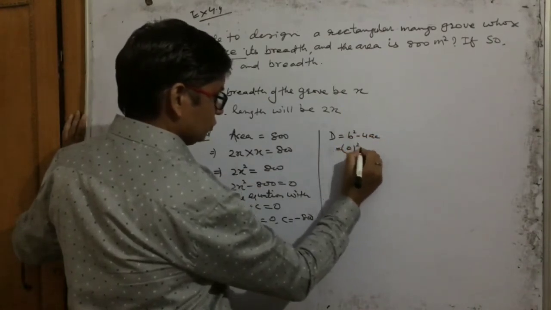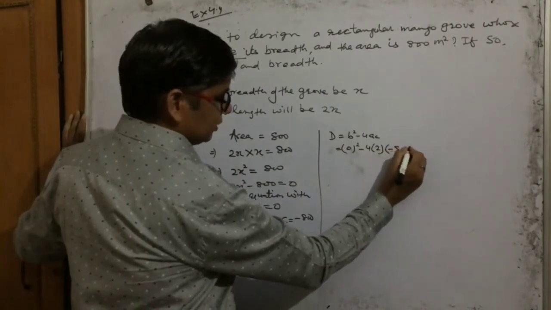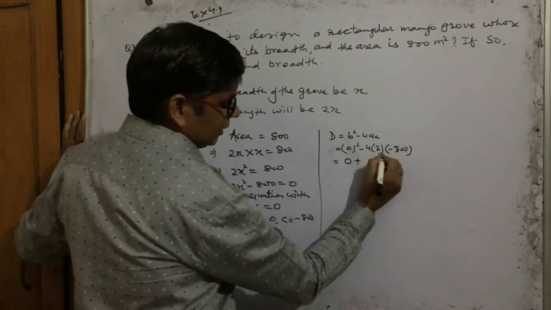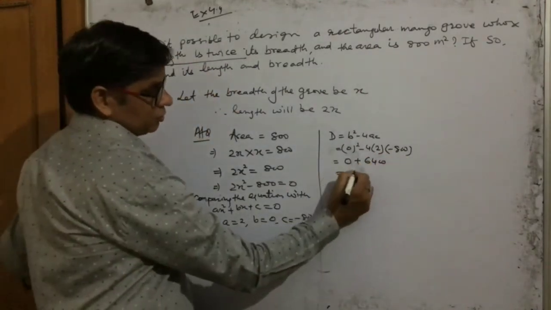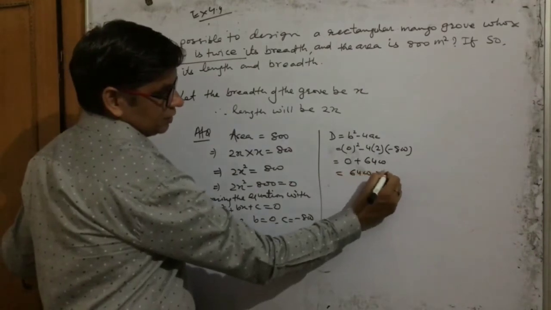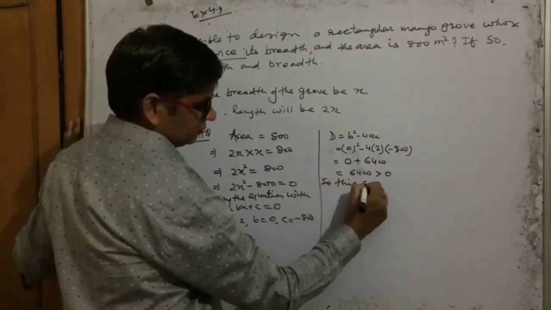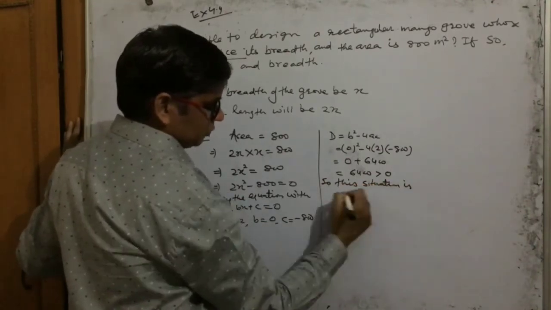This is 0, a is 2, and c is minus 800. So 0 plus 4 into 2 into 800 is 6400. So 6400 is greater than 0. So this situation is possible.